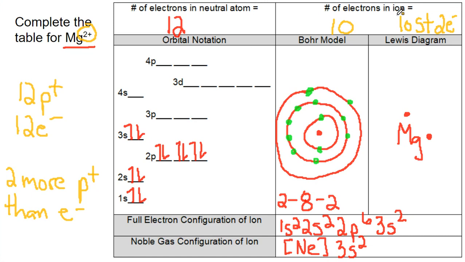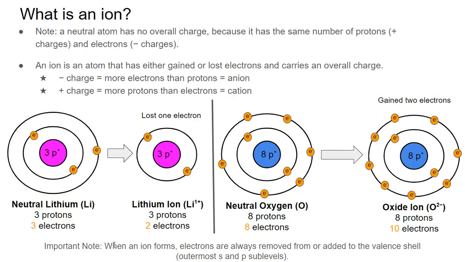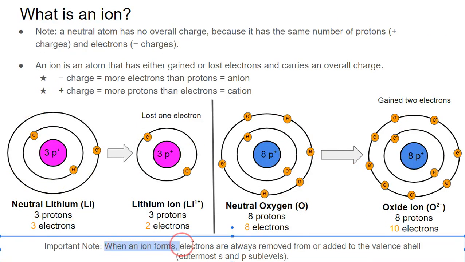All right. So the question now is which 2 electrons did the magnesium atom lose when it became an ion? From the previous slide, there's that note on the bottom. It says when an ion forms, electrons are always removed from or added to the valence shell, which are the outermost s and p sublevels.